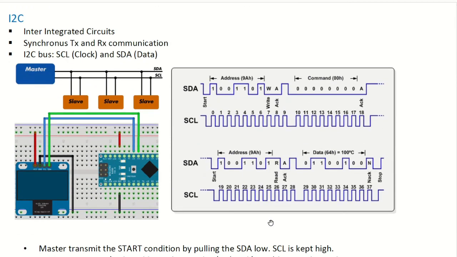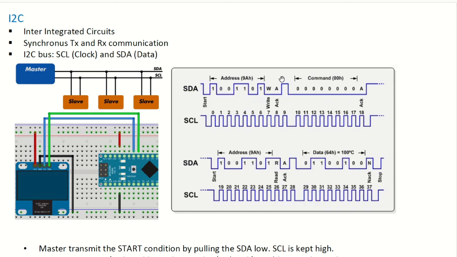Another interface that is widely used is the I2C. It is also a synchronous transmission and reception, but it uses only one data line and one serial clock. So you have a master and many slaves, and each slave has an address that is transmitted on the SDA, and only the slave that corresponds to the address will listen, and it will answer back on the SDA.